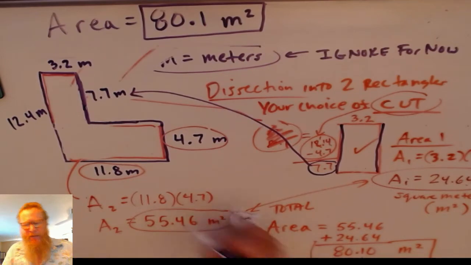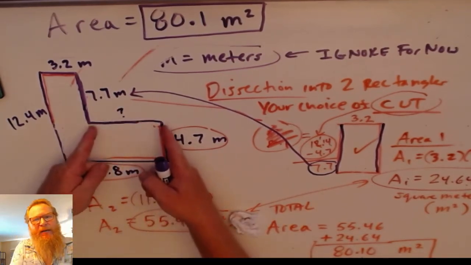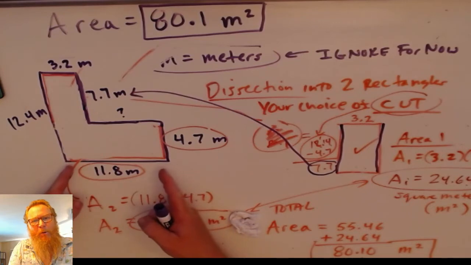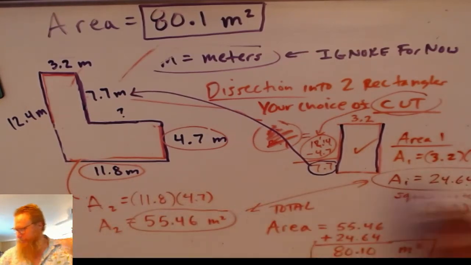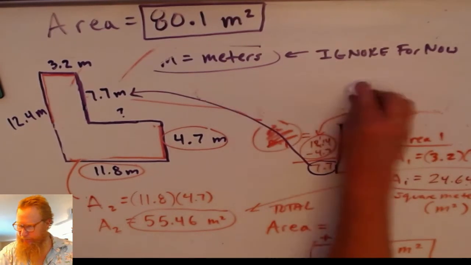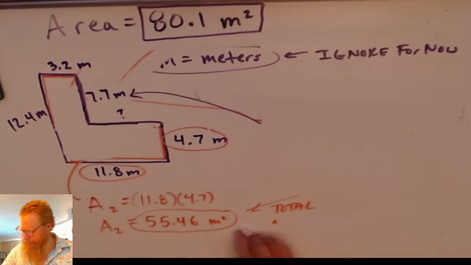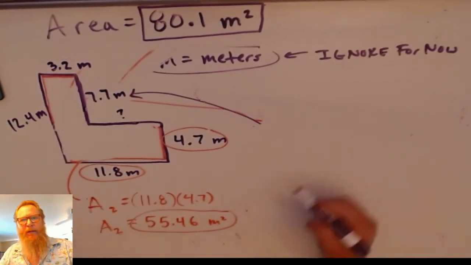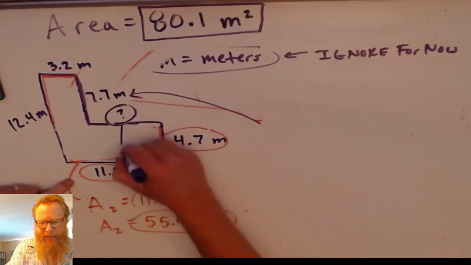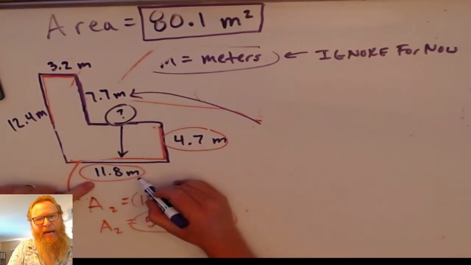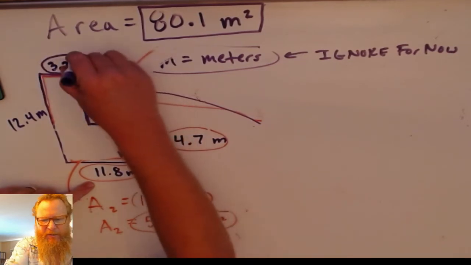All right. So the only side that I don't know is this little segment here. I'm going to need to find this side by looking here, 11.8, and looking up here, 3.2.